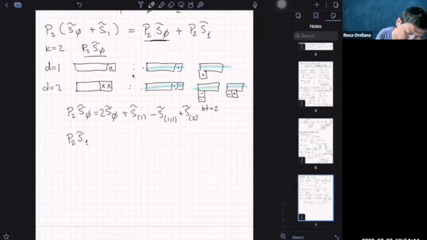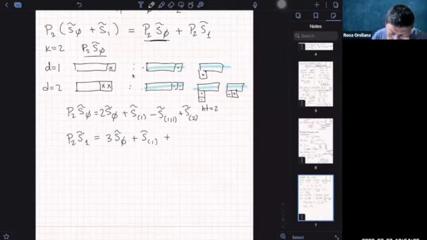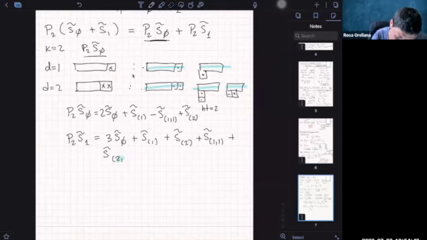And if you compute P2 S tilde 1, which I'll leave as an exercise, what you will get, I did it on paper, I should have 3 S tilde empty plus S tilde 1 plus S tilde 2 plus S tilde 1, 1 plus S tilde 2, 3 plus S tilde 1, 1, 1.